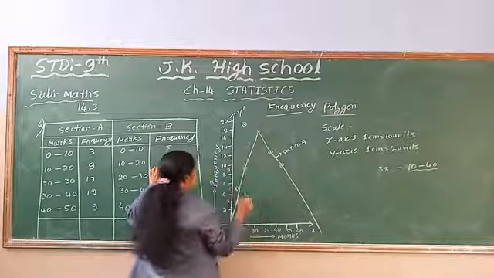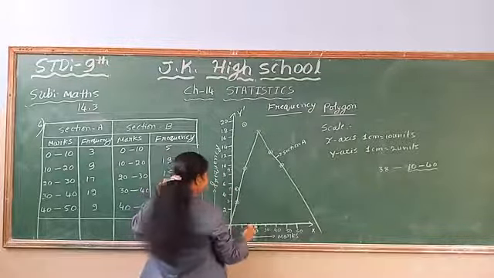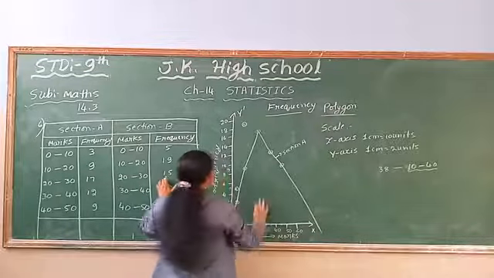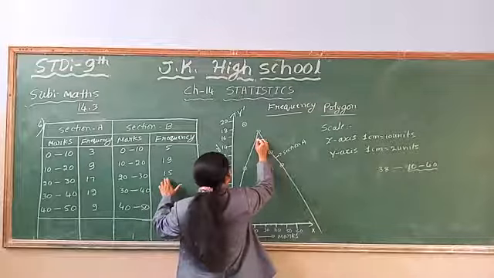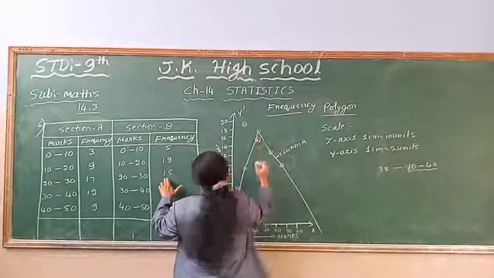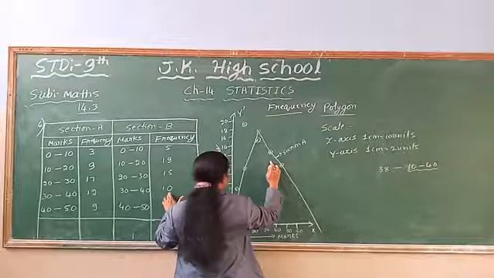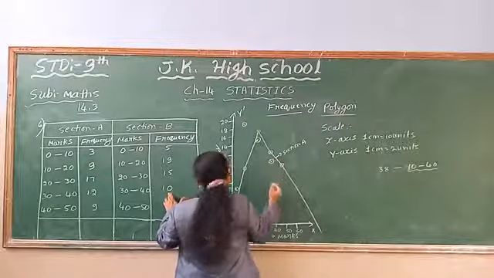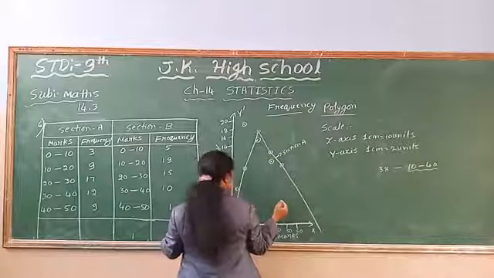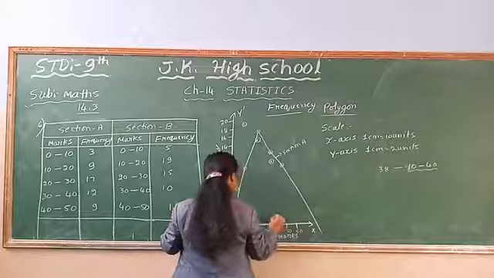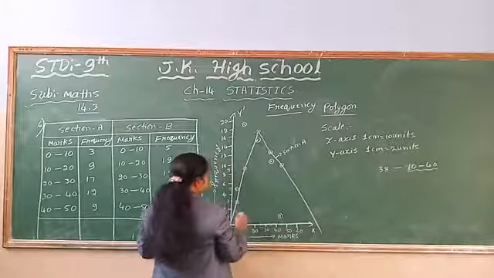Then 20 to 30, 15, which comes here. Next is 10, which comes here. Then 40 to 50, which comes here. Like this way.